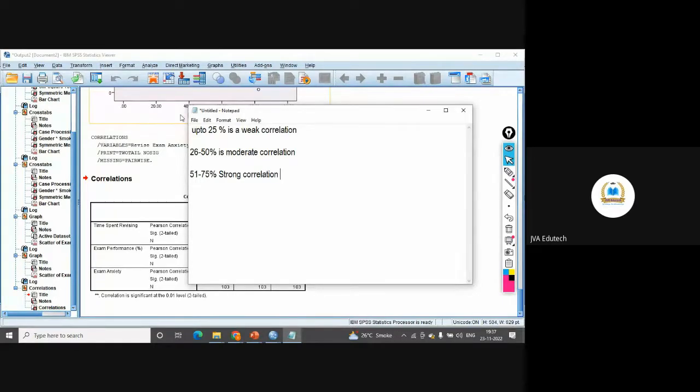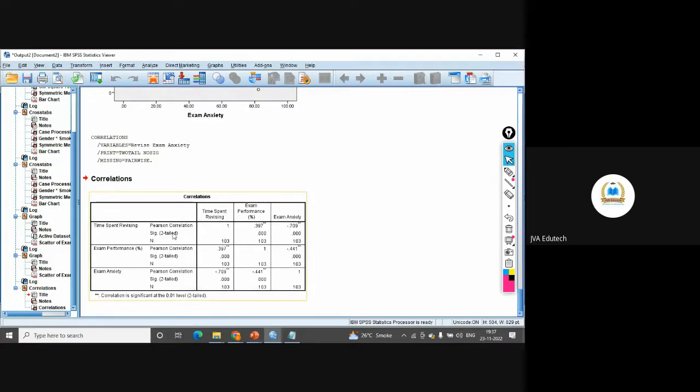Greater than 75% is very strong. You can use your own terms: weak, moderate, moderately strong, very strong. You can use that, but this is ideally the cutoff.